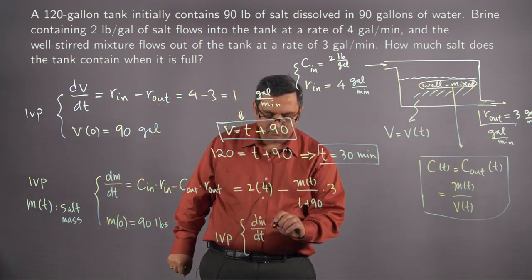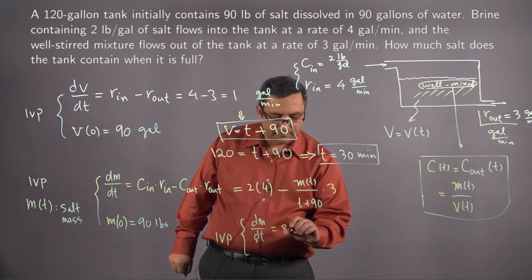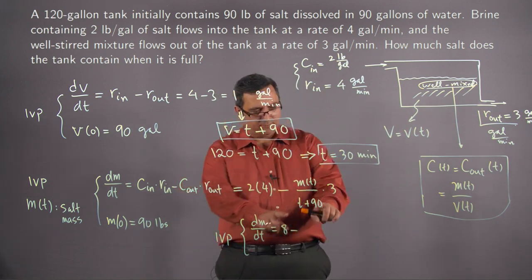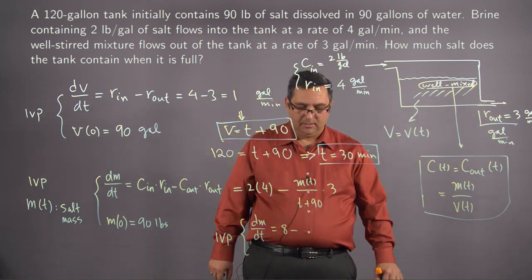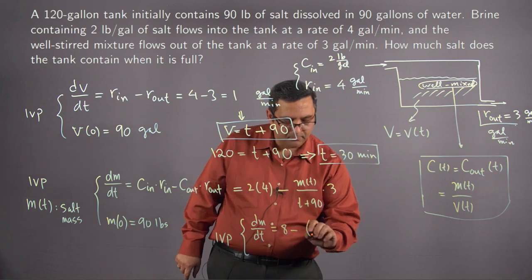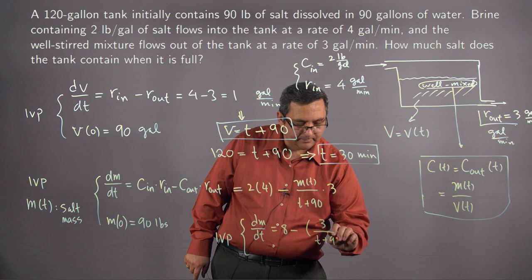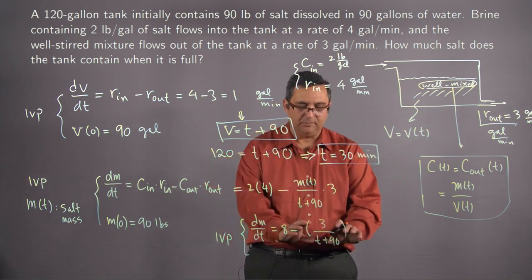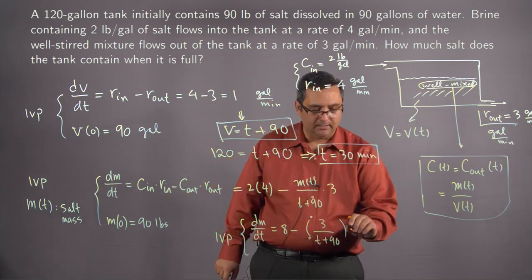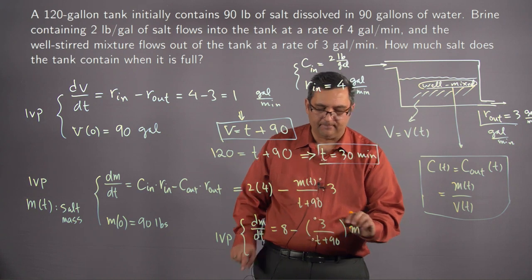dm by dt equals 8 minus, and there's another way of writing this: I can regroup 3 and t plus 90 to make it a function of t multiplied by m.